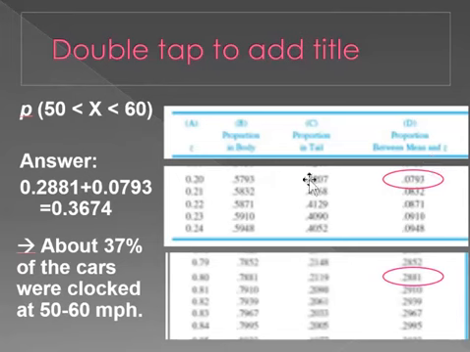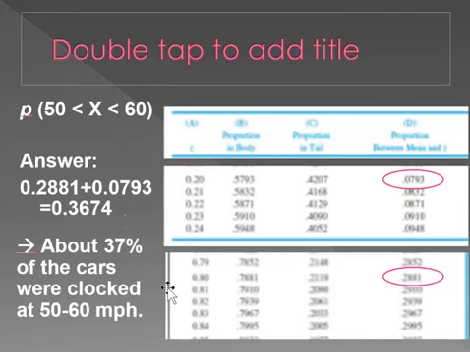So in both cases, we'd want to find the z-scores. Remember, one of them was negative, but we're dealing with an absolute value because we said it was a symmetrical distribution. We would find the proportion between the mean and z, so we get two different proportions. And if we sum them up, we get a proportion of 0.3674. And that's what the problem was asking us to do.